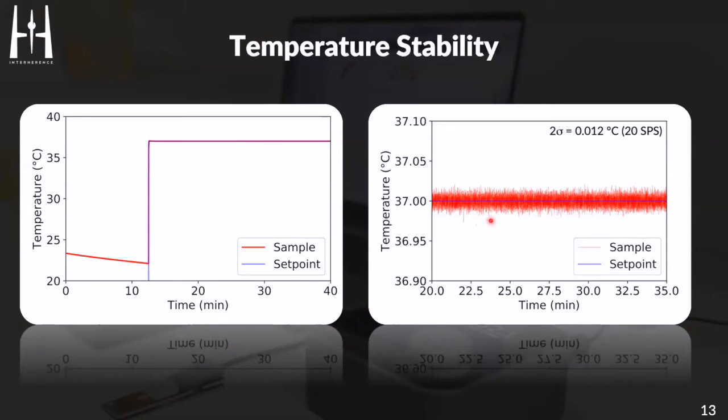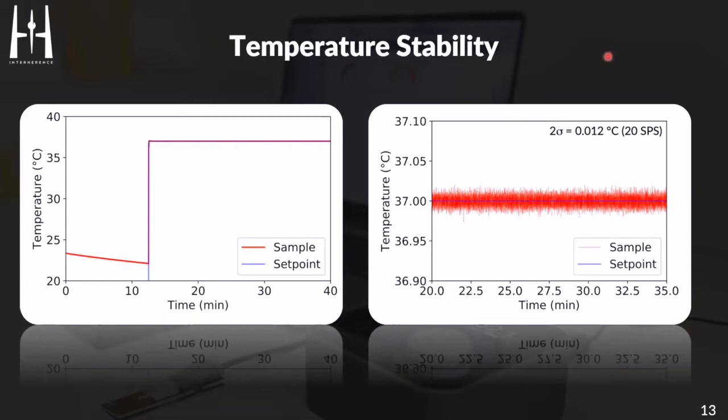And on the right side, there's a zoom-in of this curve, showing that the precision by which you can hold the temperature is much less than 0.1 degrees Celsius in this case.